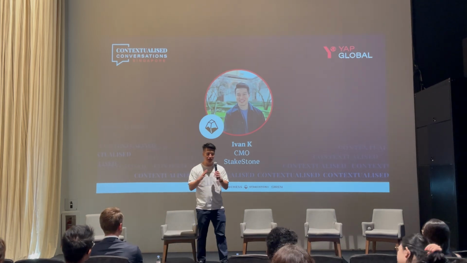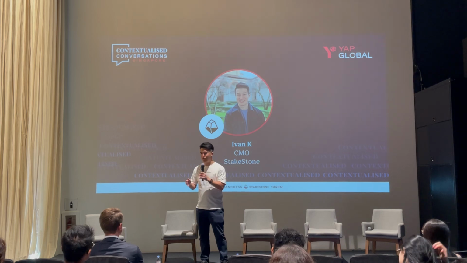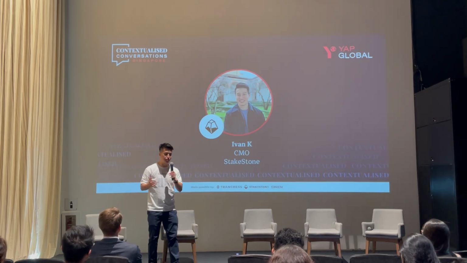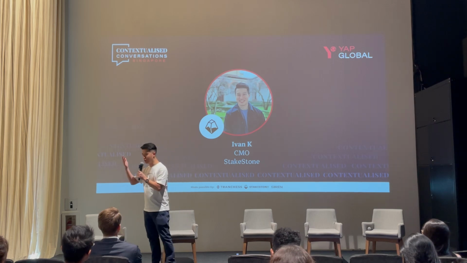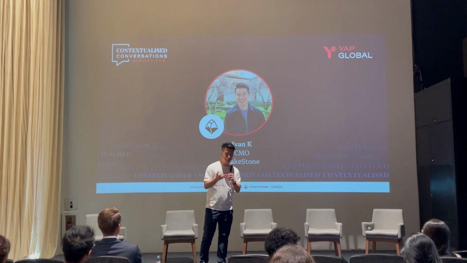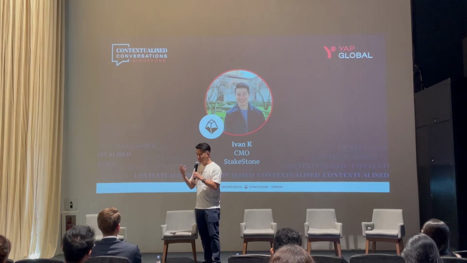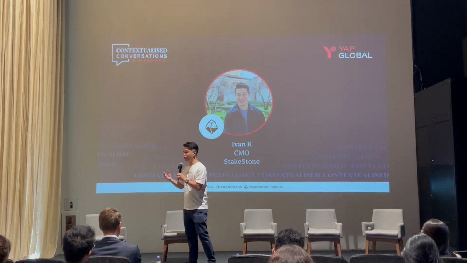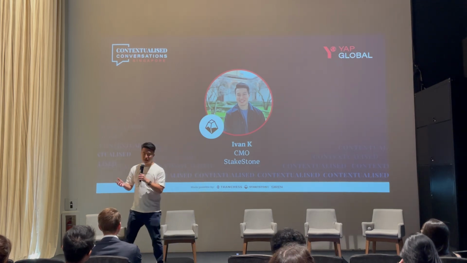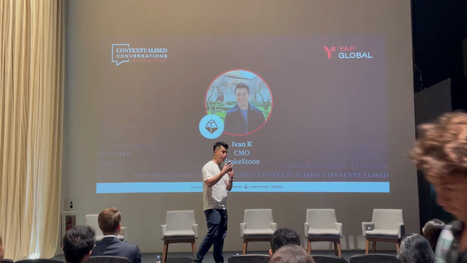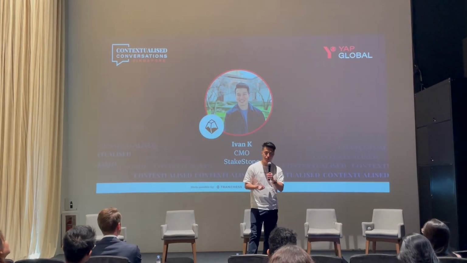For beginners in DeFi, that is probably a very safe option because it's a stable yield and you don't have to think too much about it. Whatever the market forces, whether it's up or down, the yield is kind of fixed. And then of course there is TerpStone, which is for more advanced DeFi users. People who hold TerpStone are very bullish on StakeStone. That's why they use this TerpStone product.